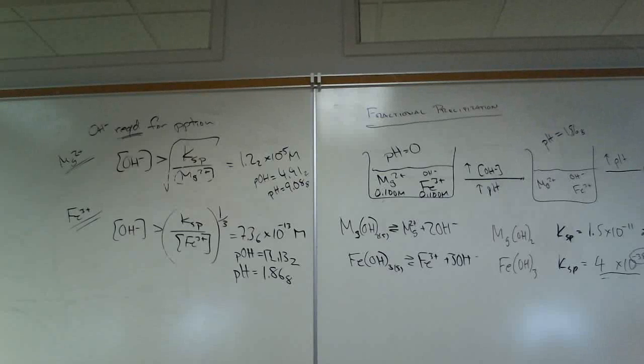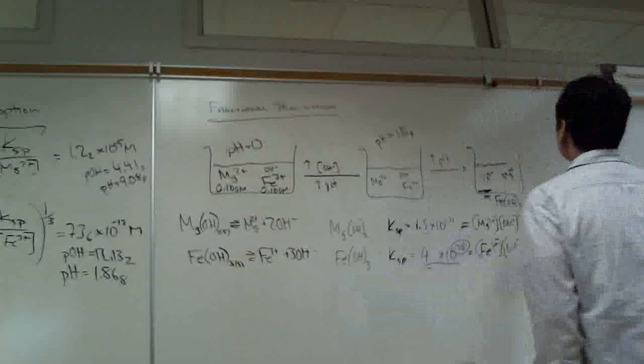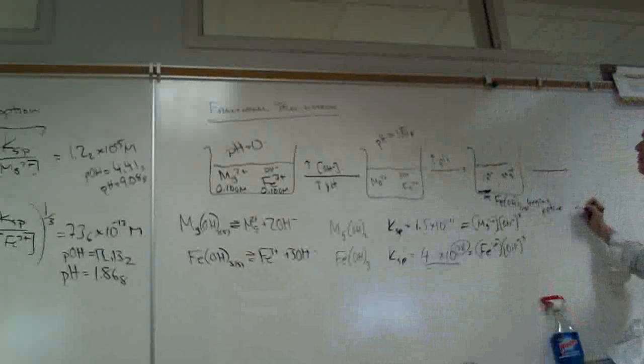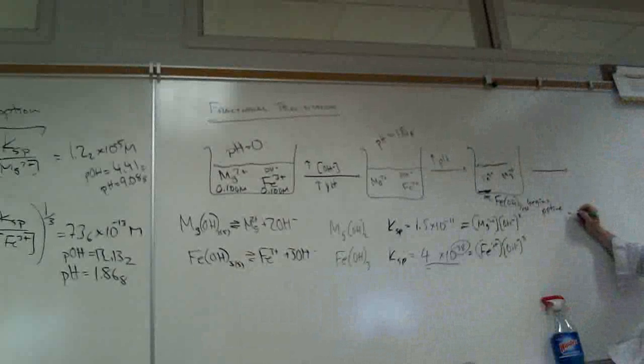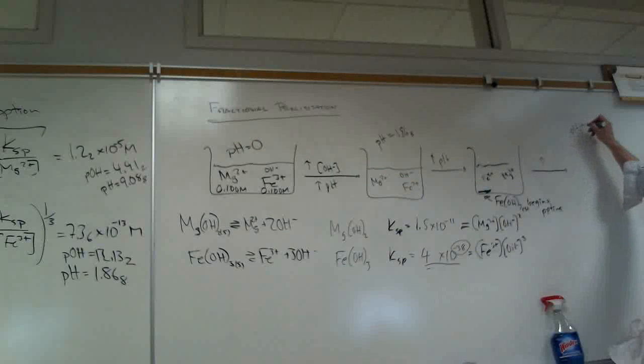And so we're going to continue this. We're going to keep adding more hydroxide until the pH hits what? What's the maximum pH that we want to go to? The maximum pH is 9.088. This is where we stop.